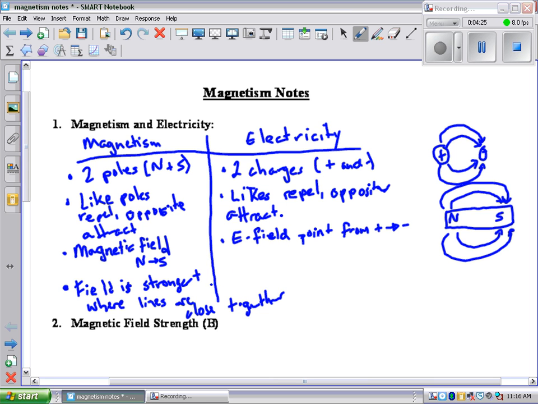And that's going to be true for both electricity and magnetism.